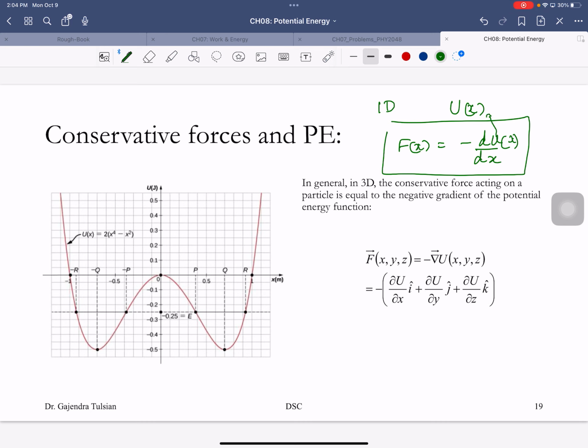This was the potential energy function. Energy, by the way, is it a scalar or a vector? Scalar. So this guy spits out one number. Okay? So that was in 1 dimension.